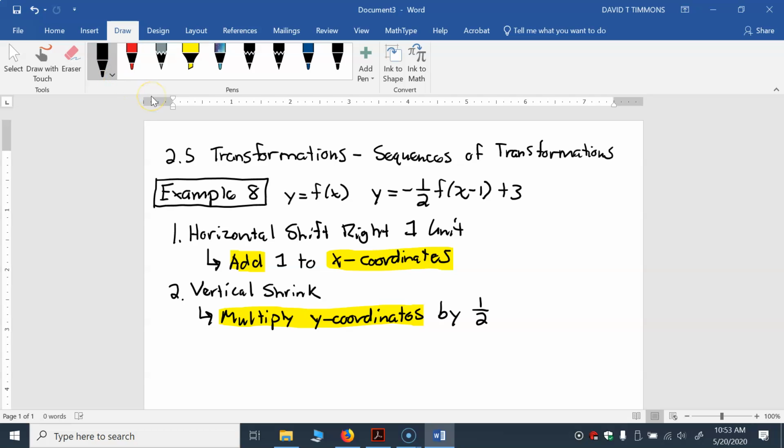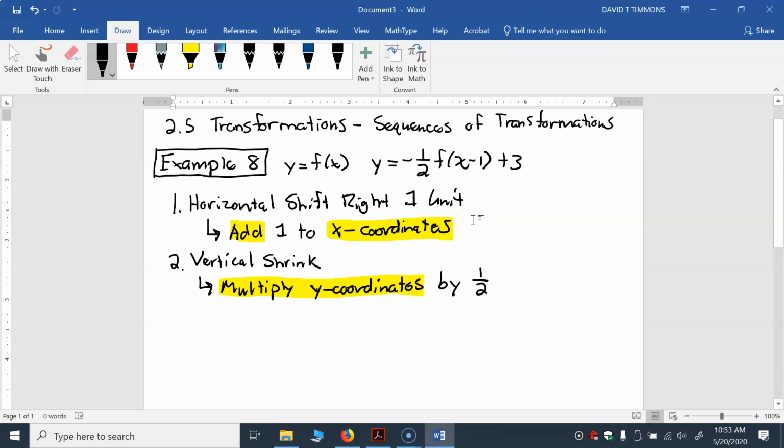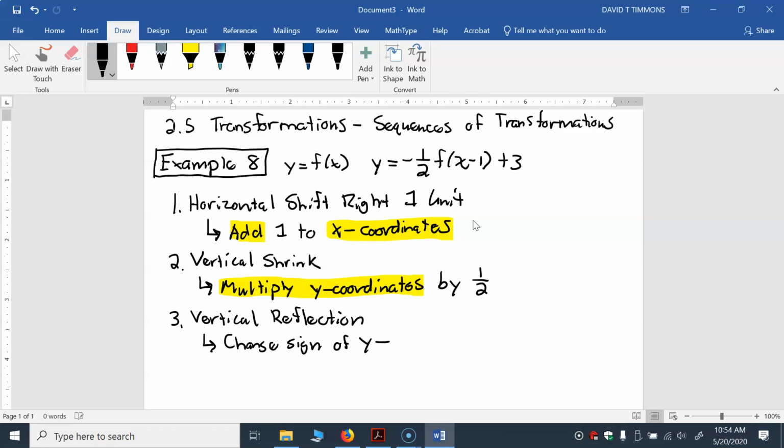Now next you'll see that there's a negative sign. Again, that's outside, just like the 1/2, it's outside the argument of the function. So we know it's a vertical transformation. In this case, a vertical reflection. And so I will change the sign of the y coordinates.